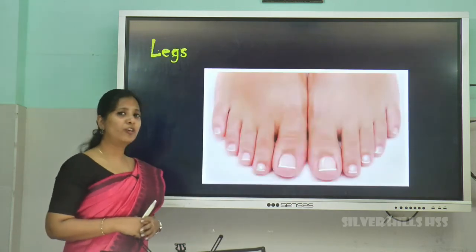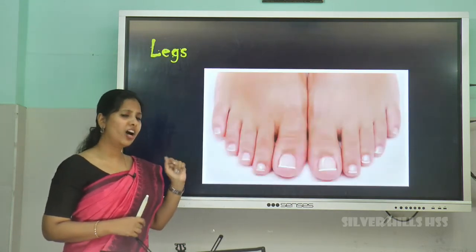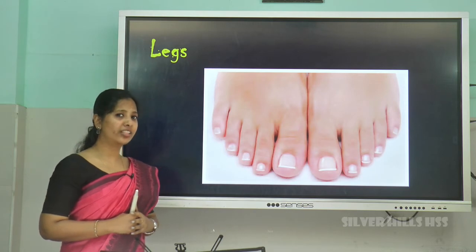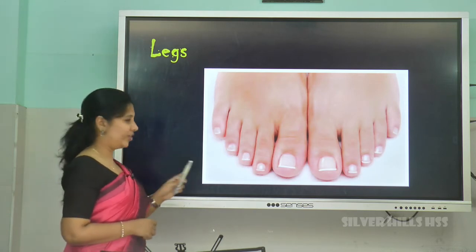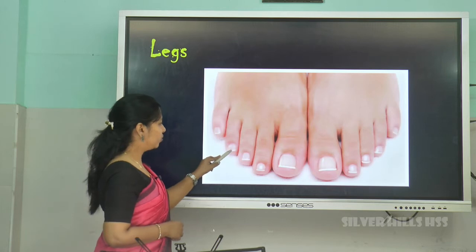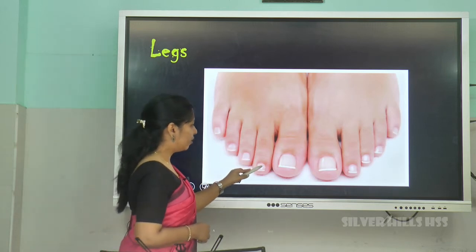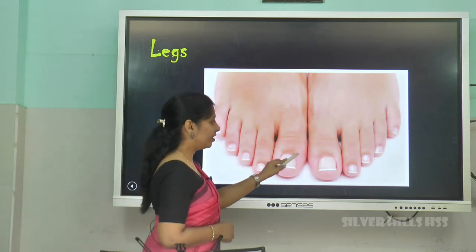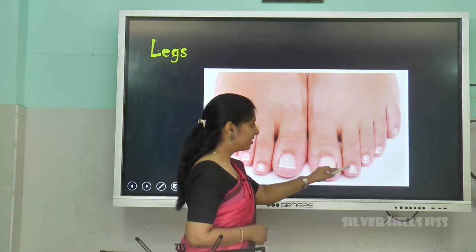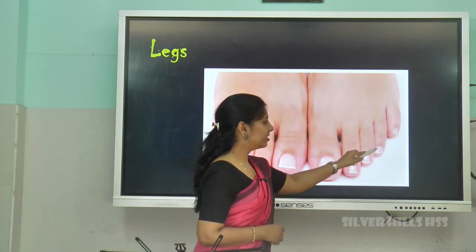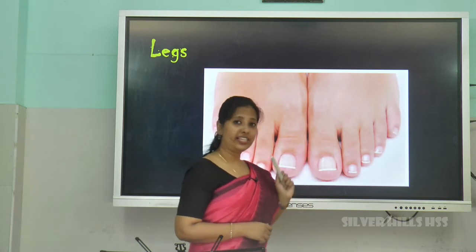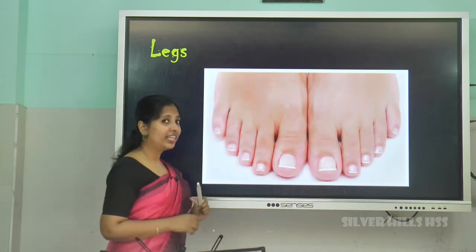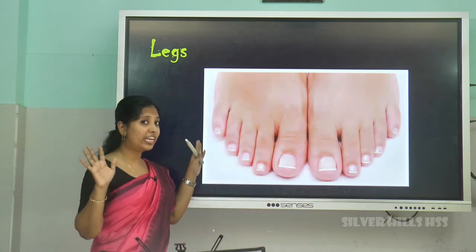We all have two legs, right? How many fingers are there altogether? Let's count. 1, 2, 3, 4, 5, then 6, 7, 8, 9 and 10. How many fingers? 10 fingers on our legs.